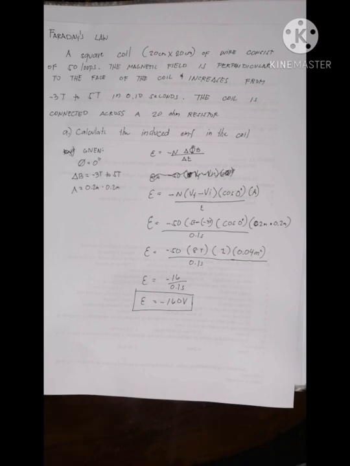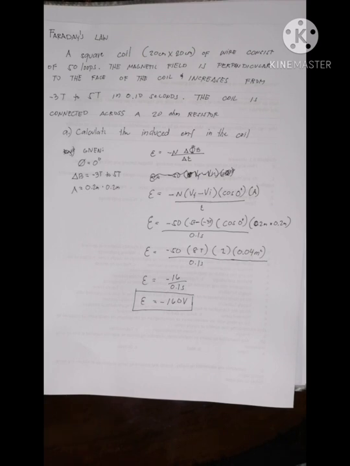The magnetic field is perpendicular to the face of the coil and increases from -3 Tesla to 5 Tesla in 0.10 seconds. The coil is connected across a 20 ohm resistor. First, calculate the induced EMF, or electromotive force, in the coil.